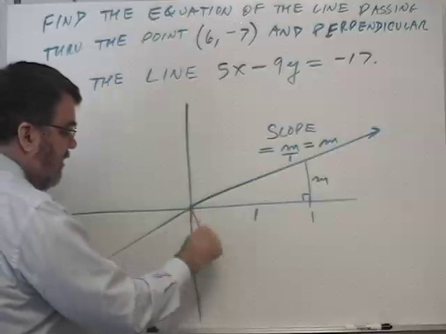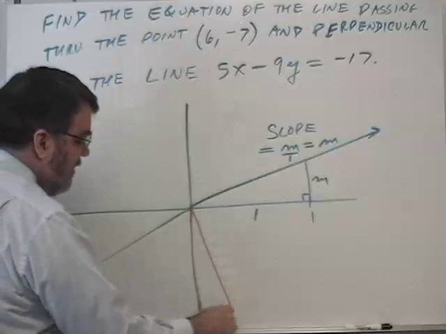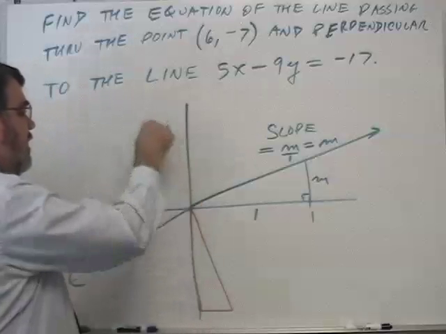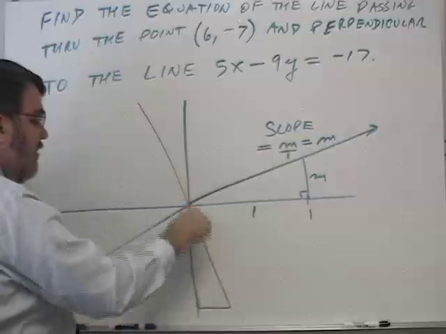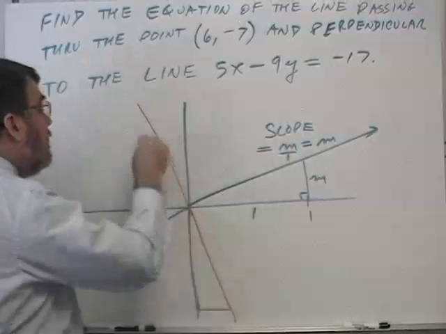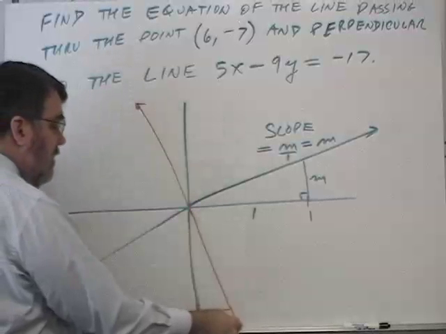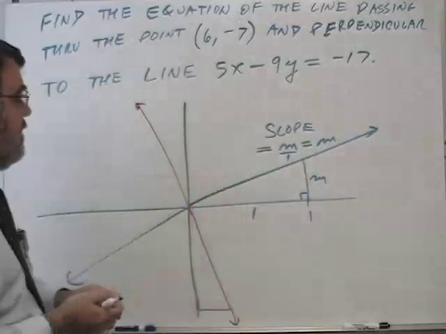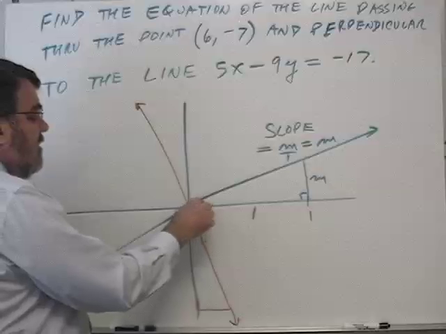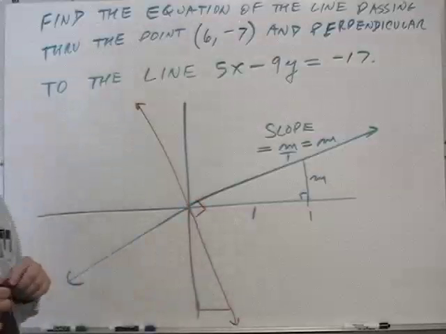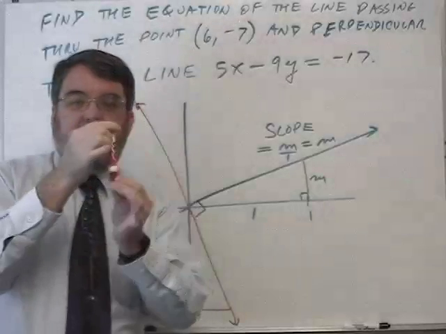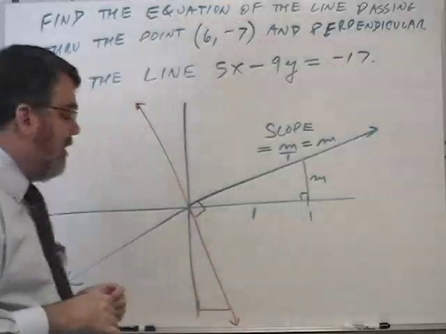And I'll try to draw it as the same as I can, but okay, that's close enough. I've created a new line which runs this direction. And since I rotated by 90 degrees, then you would expect that those lines are perpendicular, wouldn't you? One line rotated by 90 degrees creates the perpendicular line.